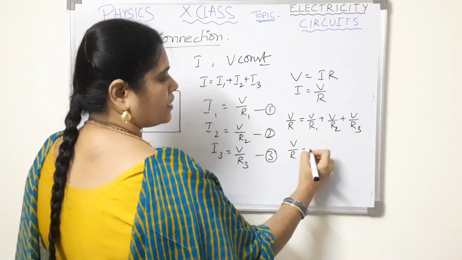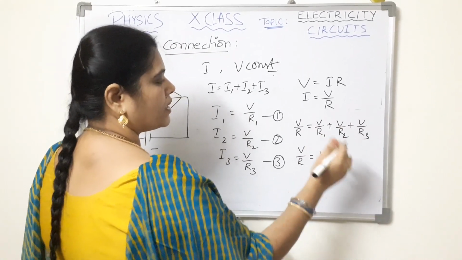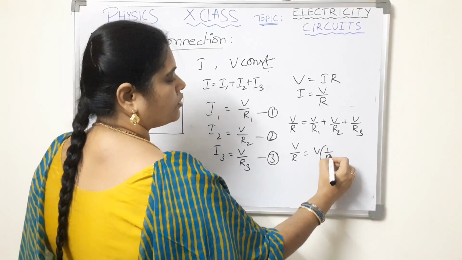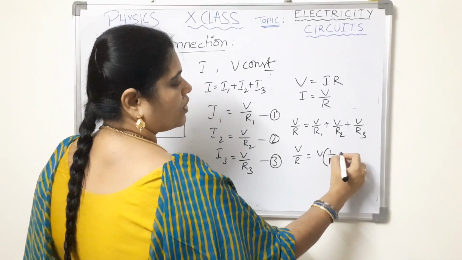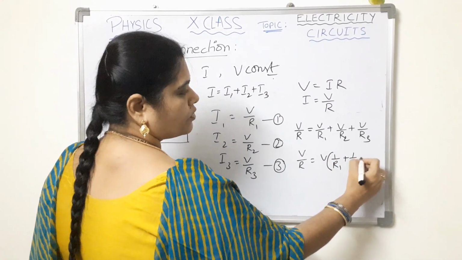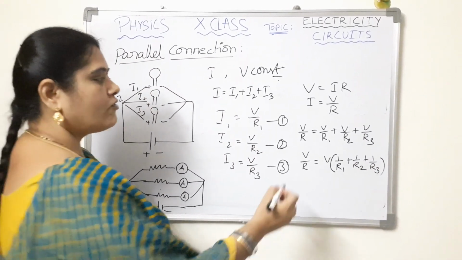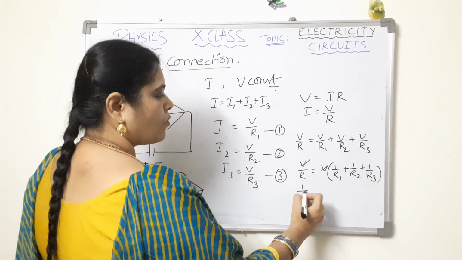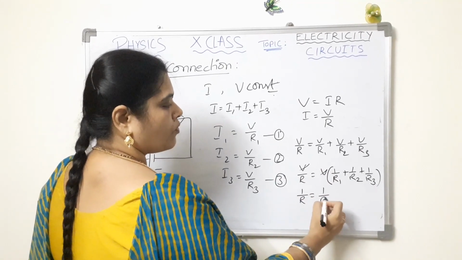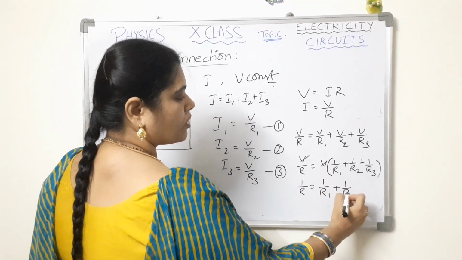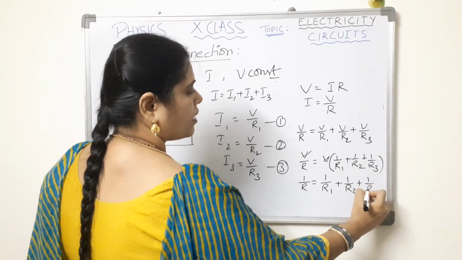Again we are seeing that V is common in all the numerators. Take it common, then you will get V into 1 by R1 plus 1 by R2 plus 1 by R3. Eliminating V, what are you getting? 1 by Req is equal to 1 by R1 plus 1 by R2 plus 1 by R3.